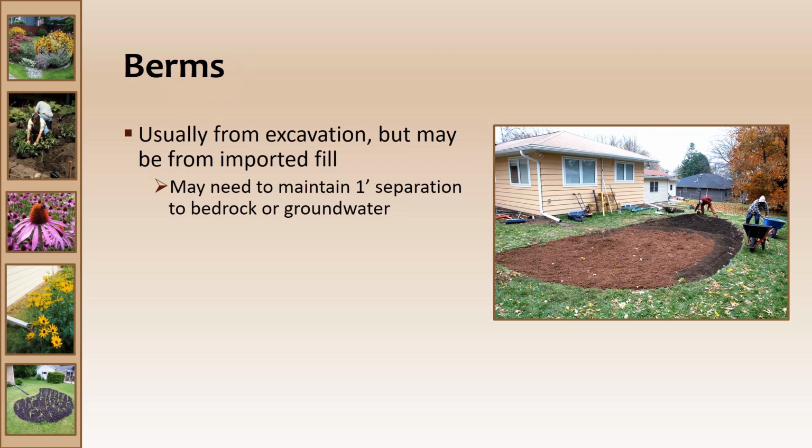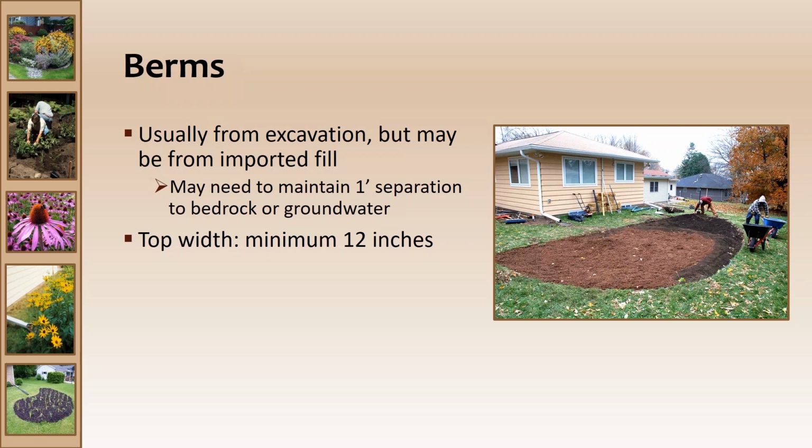the next one includes berms. For the berm, usually you're using excavation, so you're digging down a small amount and then using what you're digging down to create the berm. But if you're very close to bedrock or groundwater, that might not be an option, and you might have to import the soil to maintain that 1 foot separation.